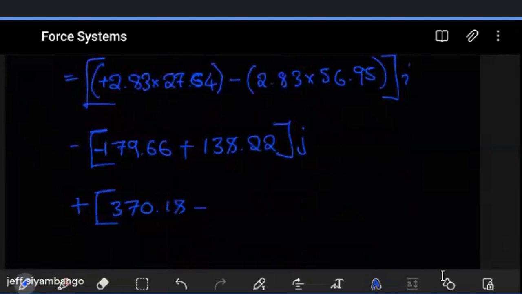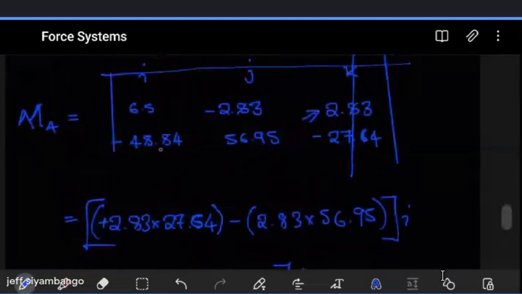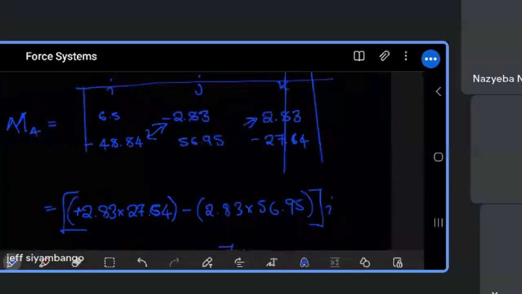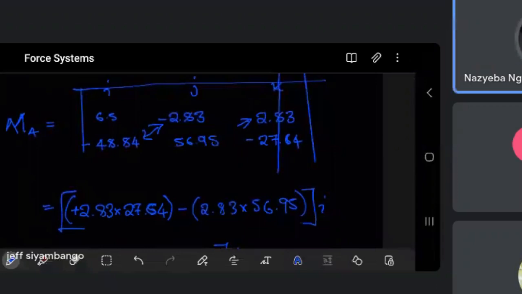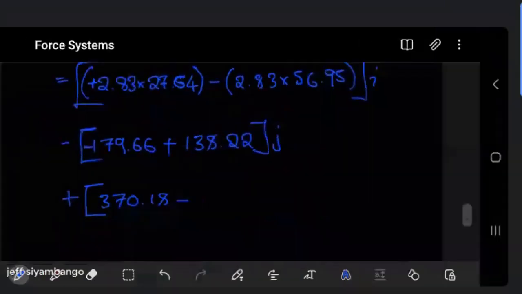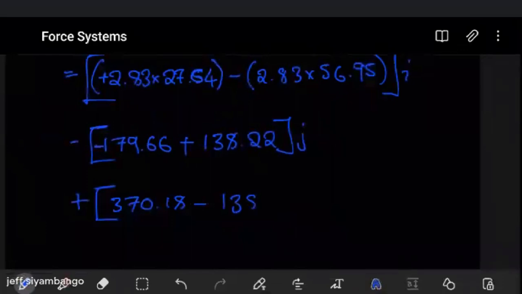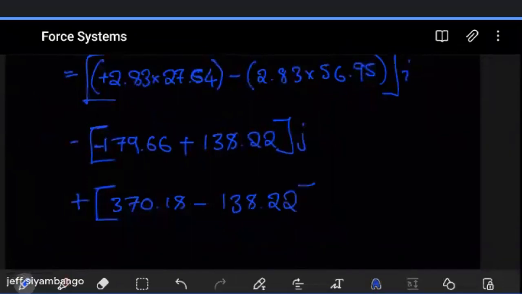Then minus, now we're multiplying these two: 138.22. This is the K term.